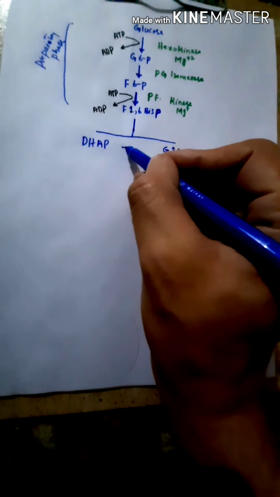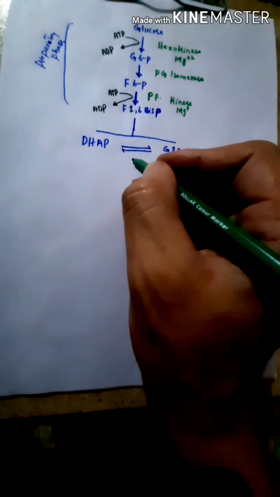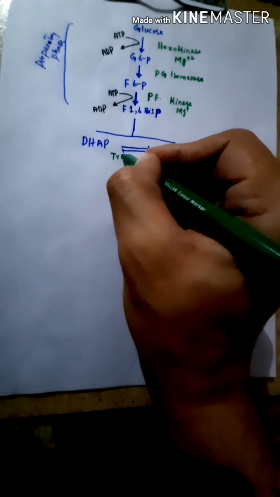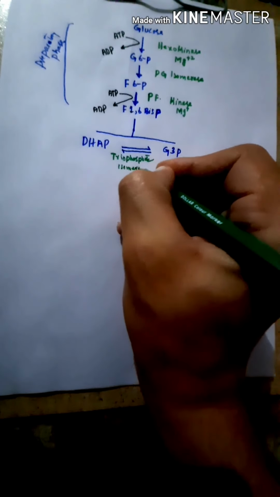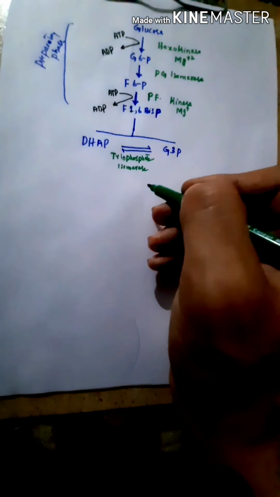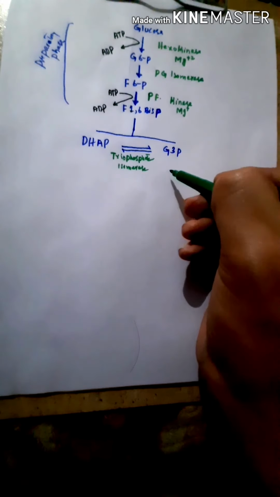Both DHAP and G3P are isomers of each other, so these can interconvert in the presence of an enzyme known as triose phosphate isomerase. So DHAP converts into G3P, and then the G3P molecule goes on to the next reaction.